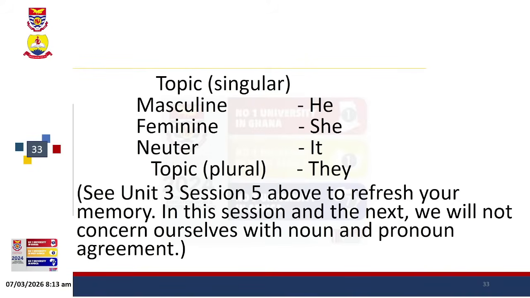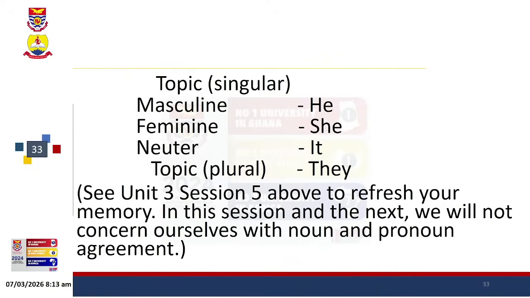Okay, good. So sometimes we can also have the gender, masculine gender and then feminine gender. So when you say he, the gender is masculine. She, gender is feminine. But you can have one that is neutral, what technically we refer to as neuter, which is it. They are neither male nor female.